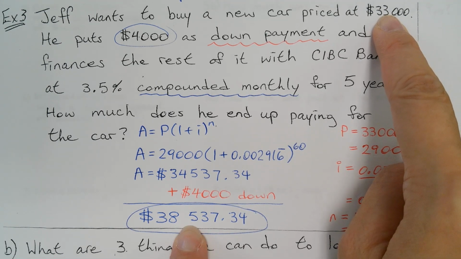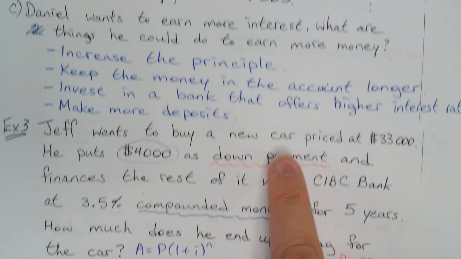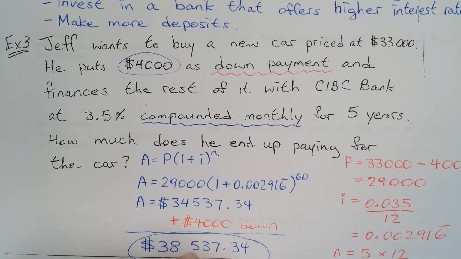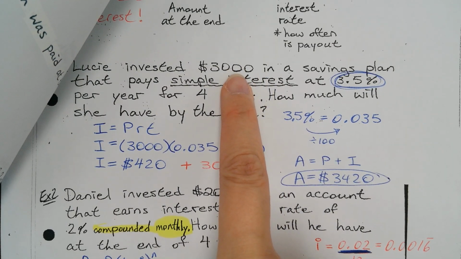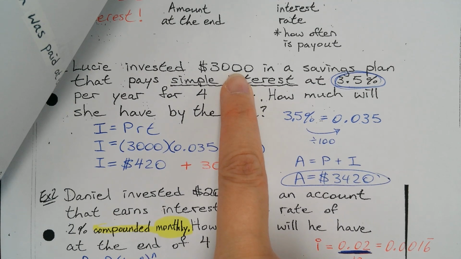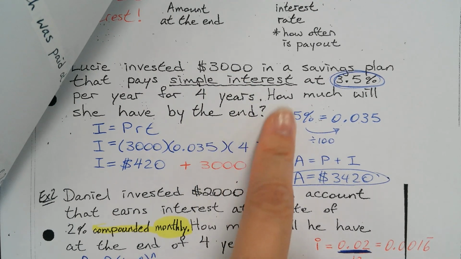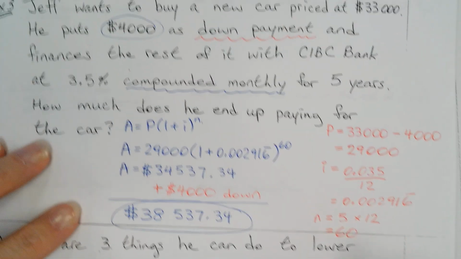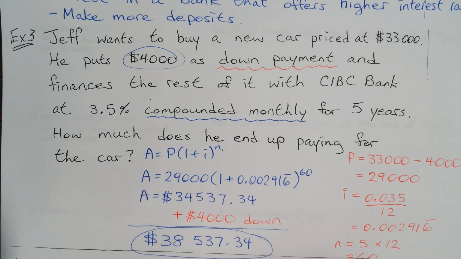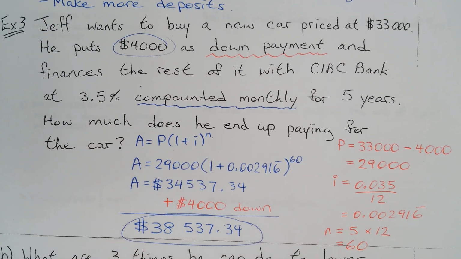All right. So you see the difference between example 2 and example 3? Example 2, you were doing an investment, putting in a savings account. So what was the interest? You were earning the interest. But in this example 3, you are borrowing money from the bank. So think about realistically, logically, if you give the bank money and then they pay you interest.